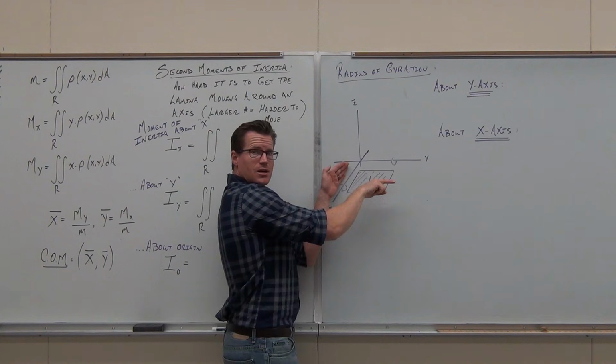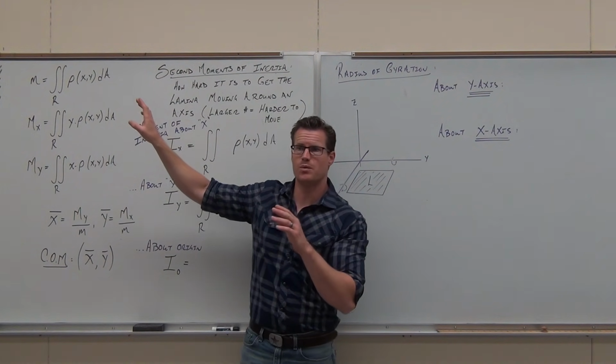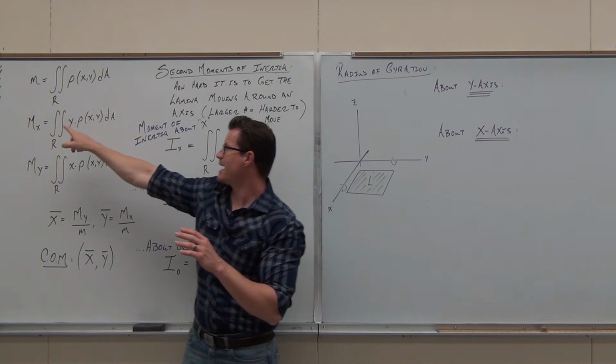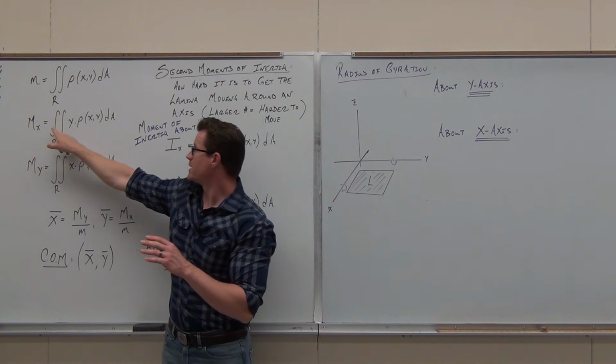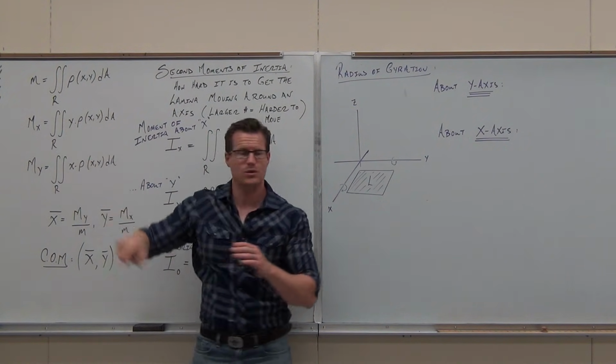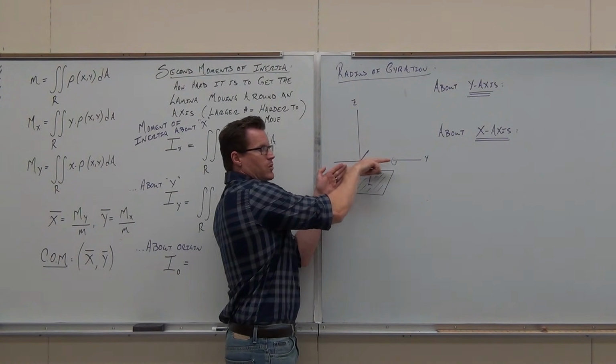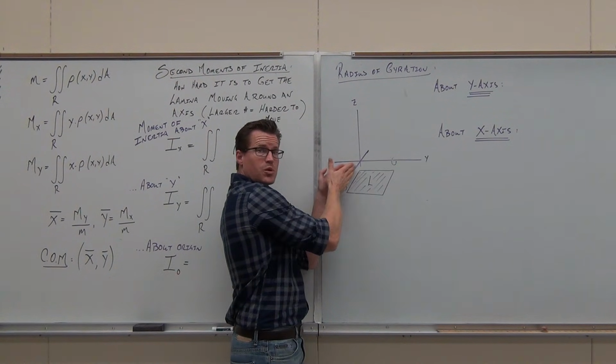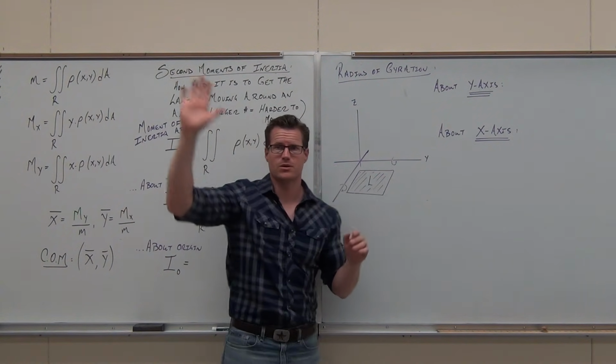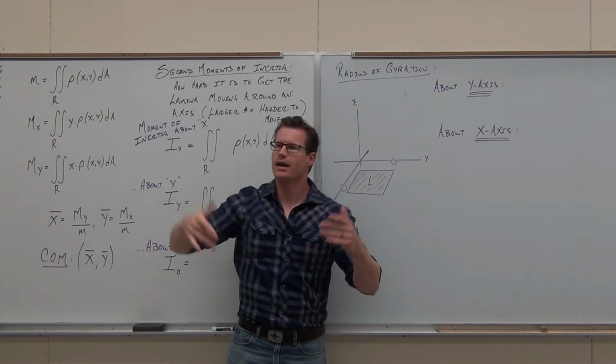Does that make sense? So the tendency to rotate, the first moment of mass around the x-axis, is really according to a y value, how far that mass is spread across the y-axis, perpendicular to that x-axis. Should you feel okay with that idea? It's a weird idea. Likewise, imagine this.